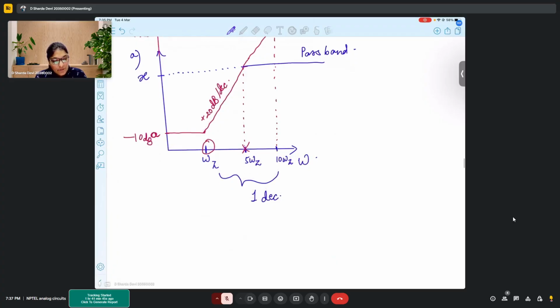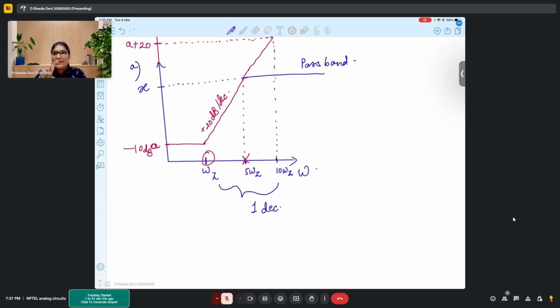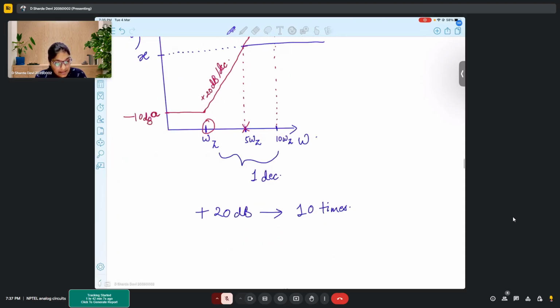Okay. So we know that in 1 decade, the gain that we observe because of a zero is plus 20 dB for 10 times, that is 20 log base 10 of 10, right?